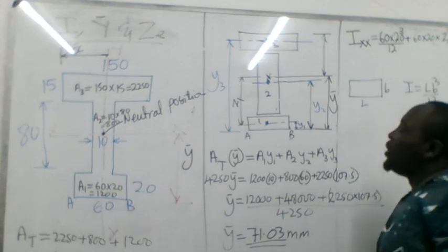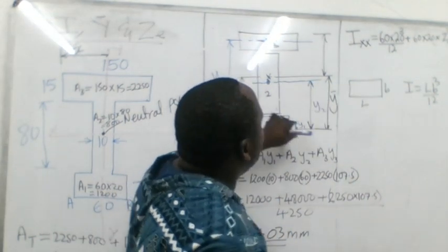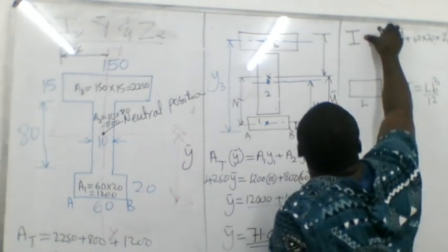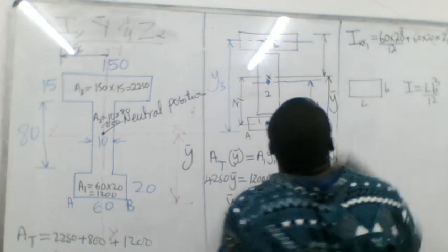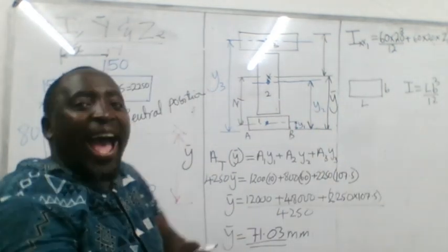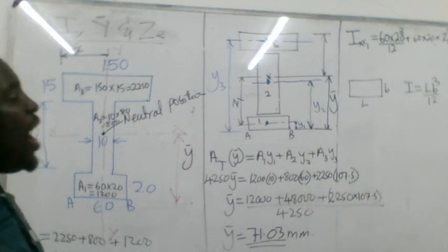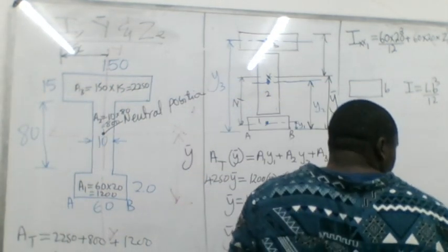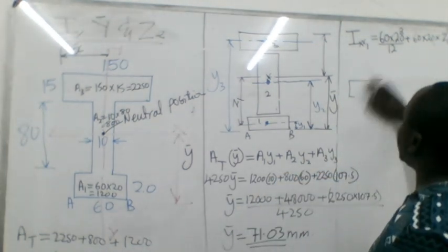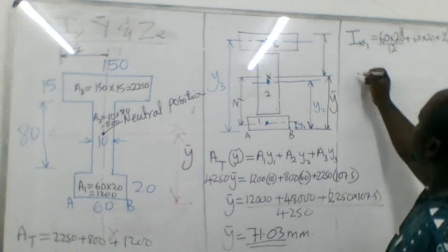These two are just for that small strip here. Maybe I can call it IXX1. Then I'll add them together after. Now, how do we find Z? We want to finalize this.